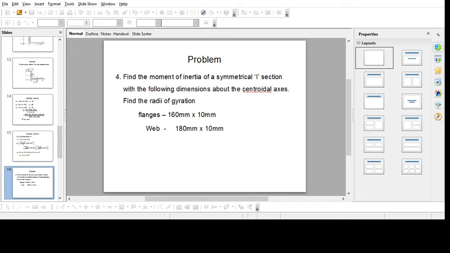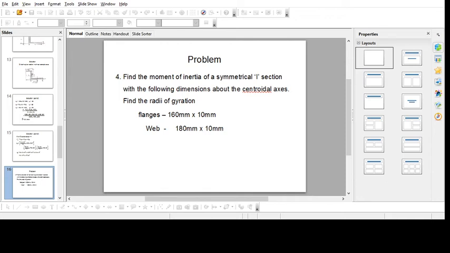So with the given dimensions, first we have to draw the entire figure, the entire I section, right? In the entire I section you can simply take that at the base the first section is 160 into 10, the middle section is 180 into 10, and the topmost section is again 160 into 10, right?